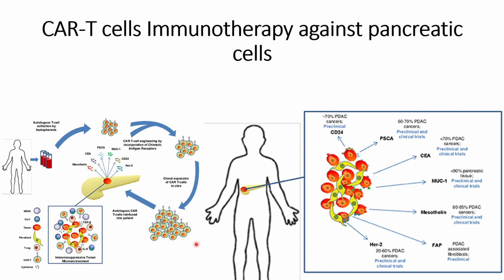However, at this point in time, the main bottleneck of this approach is that the reinfused CAR T cells in the patients should be able to overcome this immunosuppressive microtumor environment. Otherwise, these engineered CAR T cells will not have that much impact.